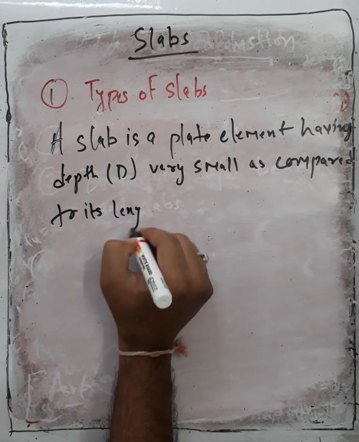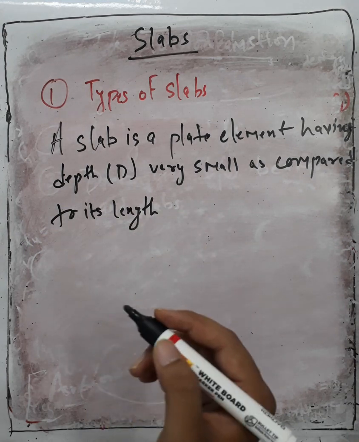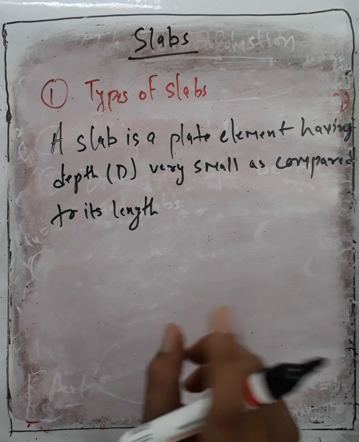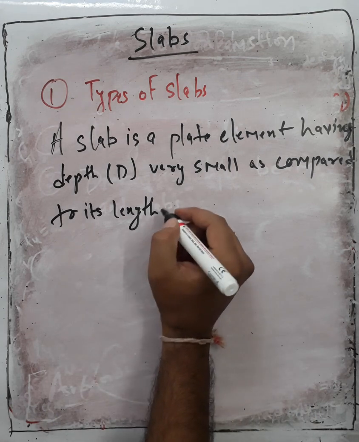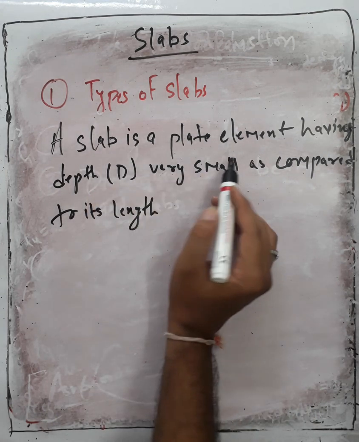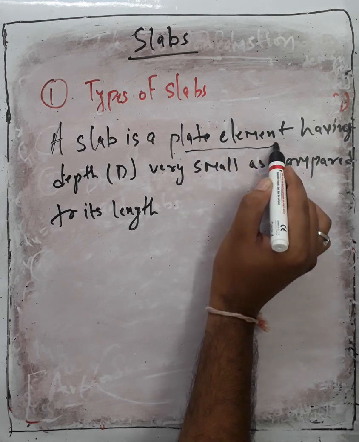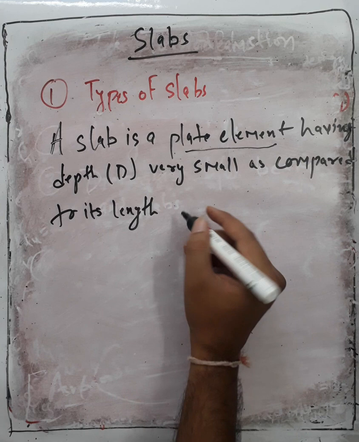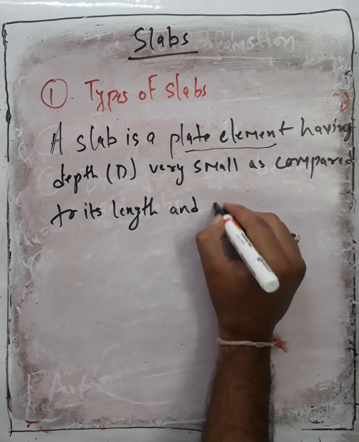This we all know, because when we provide a slab, the thickness of the slab is very small but the length of the slab is very large. So here we write slab is a plate element because it looks like a plate having depth very small as compared to its length and width.